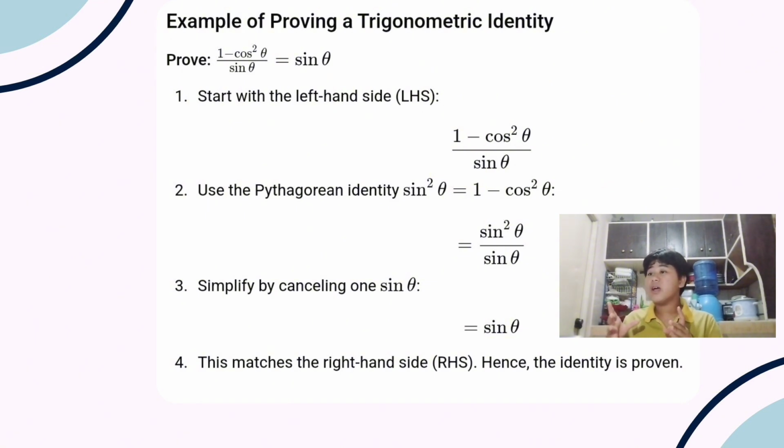Simplifying, sine squared theta is factorable as sine theta times sine theta, so one sine theta cancels, leaving sine theta. So this matches the right hand side. Hence, the identity is proven because the left side is equal to sine theta and the right side is also equal to sine theta.